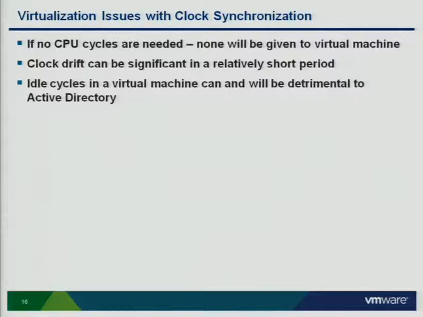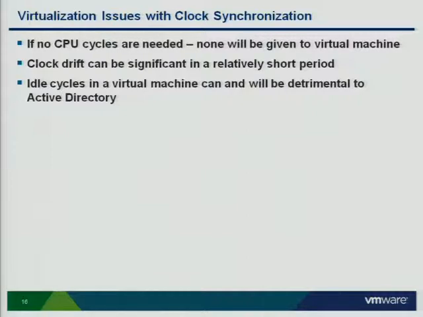CPU cycles, right? If you don't need them, you're not going to get them because I need them over here. And at the end of the day, if you flash back to your A+ Hardware 101, how does the Windows OS keep time? It keeps time by synchronizing with an interrupt timer based on the CPU clock cycles of that physical box.